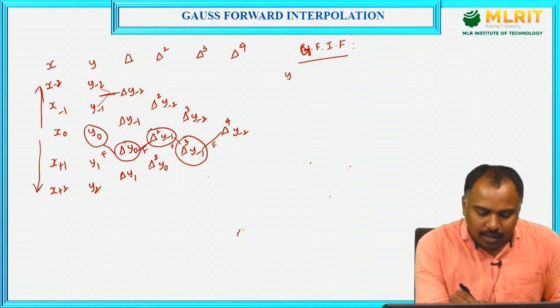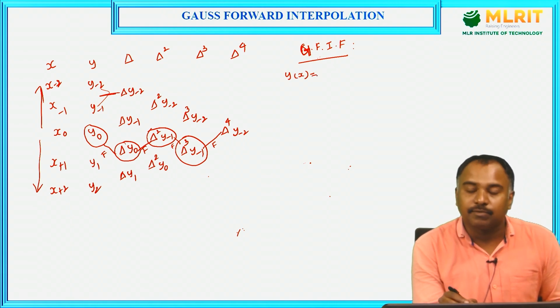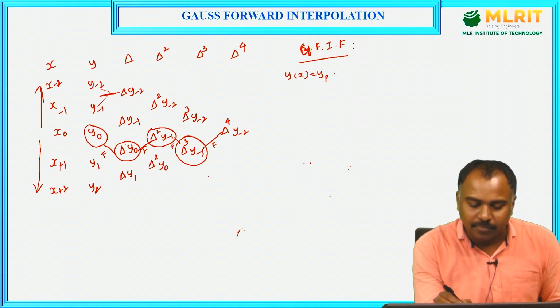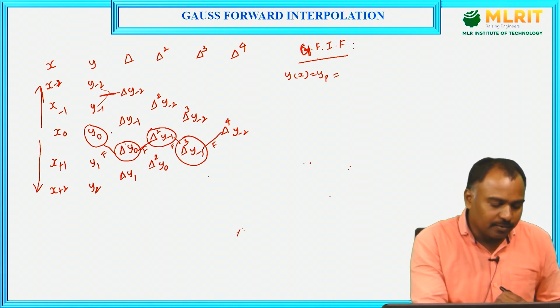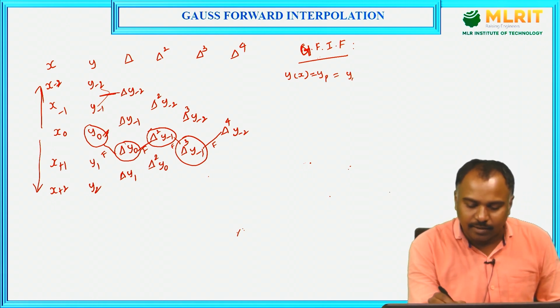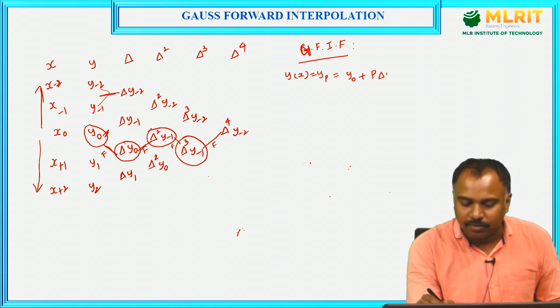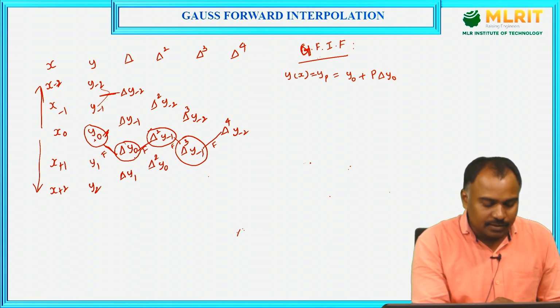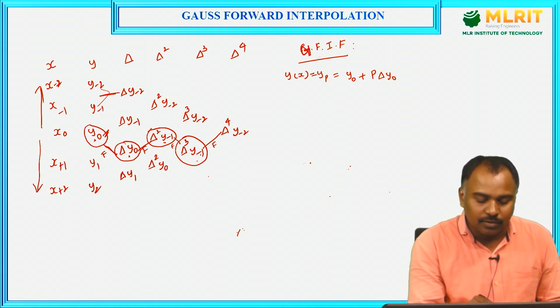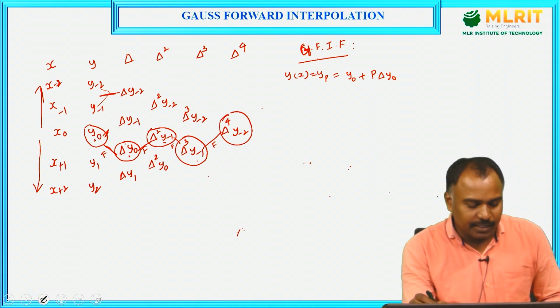You can denote the polynomial as y of x or y p. The formula's starting value is y naught. The next value is p, the second value is delta y naught. Look, first one, second one, third, fourth, fifth, we need to write like this. So p delta y naught.